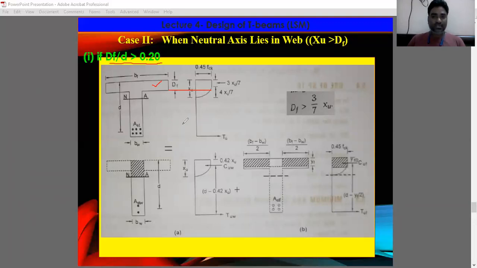How to modify the thickness of flange is already given in your IS 456 2000 in Annexure G. You can open G 2.2, right? So you just see the limiting value of the moment of resistance of the section may be obtained by the following equation when the df by d ratio exceeds 0.2.